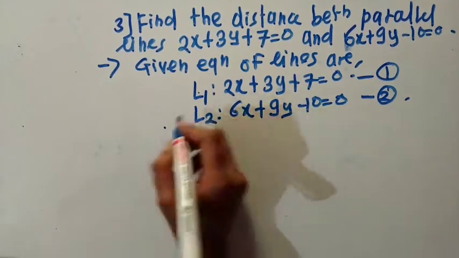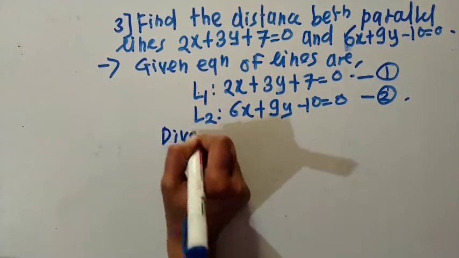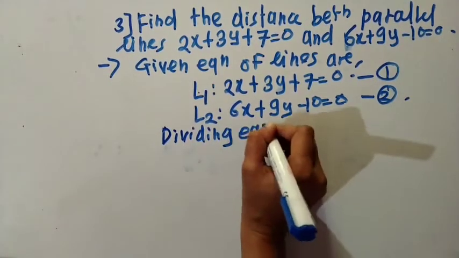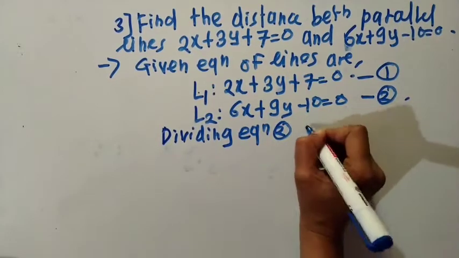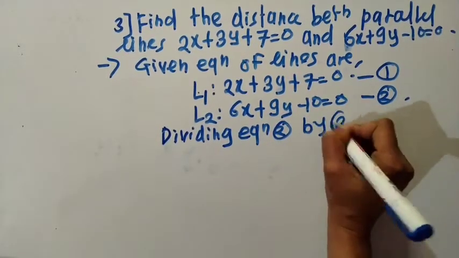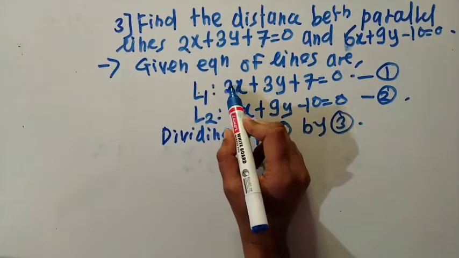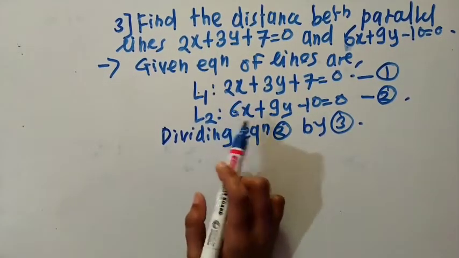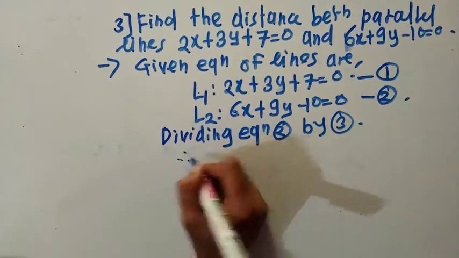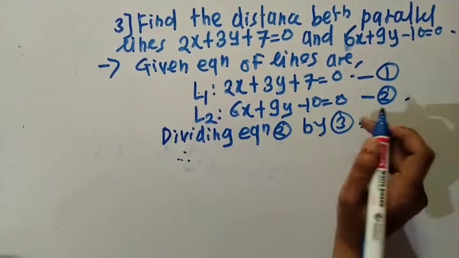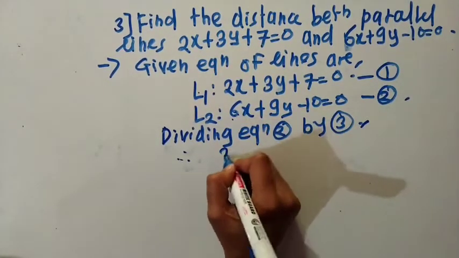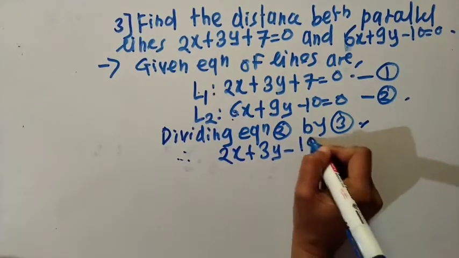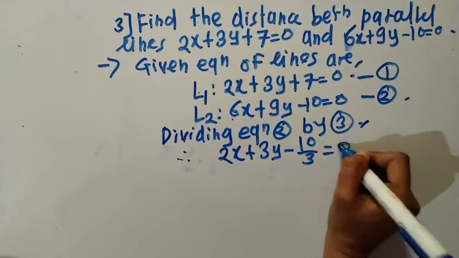Then dividing equation 2 by 3, because this coefficient and this coefficient should be the same. So to get 2 here, we divided by 3. What will happen: 2x + 3y - 10 upon 3 = 0.